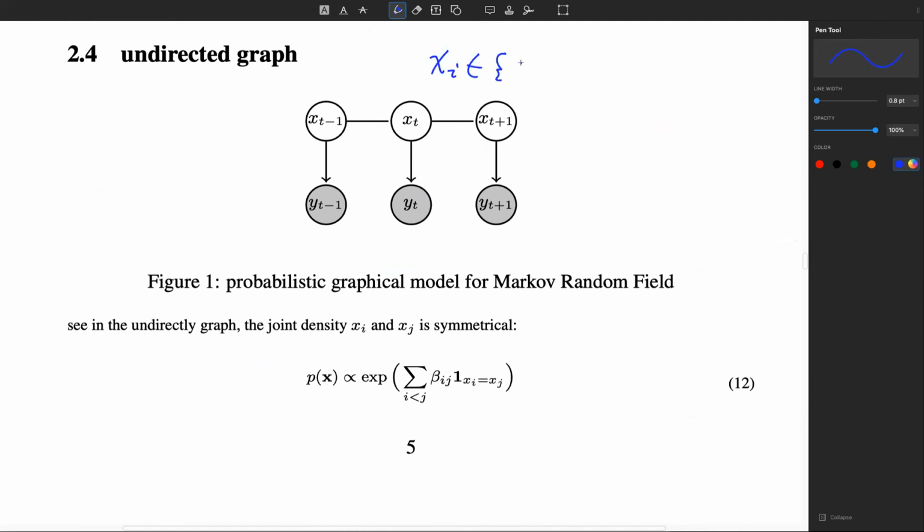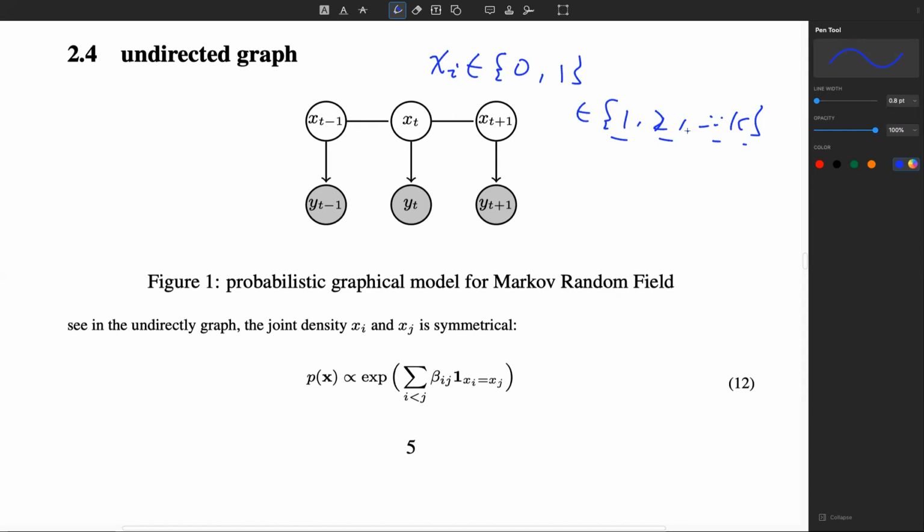It's typically used when all your x's are, say, 1 or 0, or 1, 2, 3 to k. These are integer values. They are used quite frequently for segmentation purposes, and very typically for image segmentation.